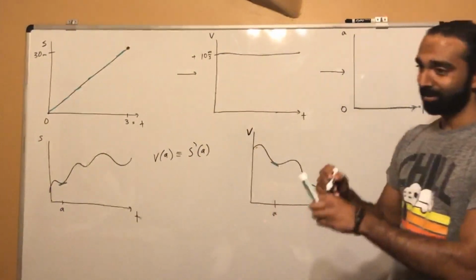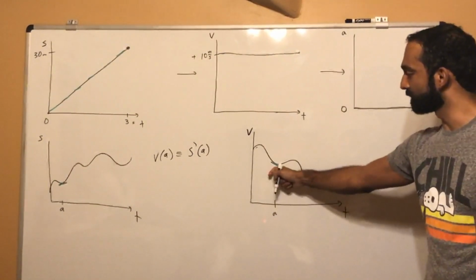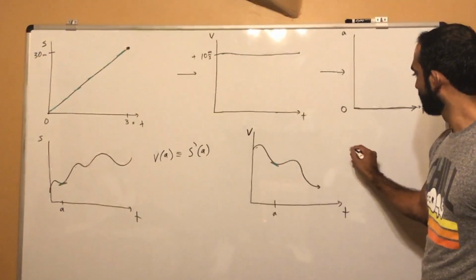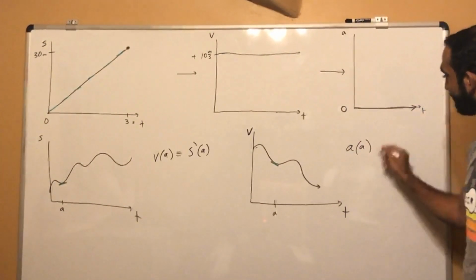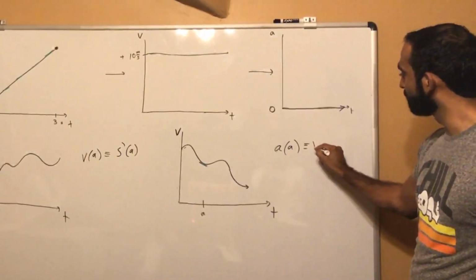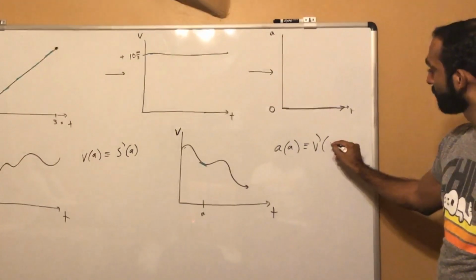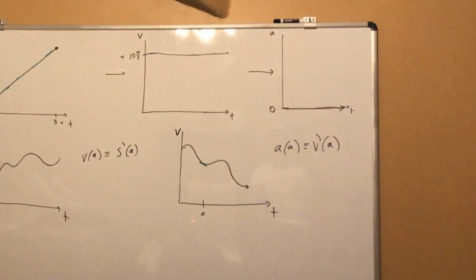So we got a curvy velocity graph. What is going to be the acceleration at this point? The derivative of the velocity graph. Yes. So the acceleration at timestamp A is just defined to be the derivative of velocity evaluated at A, like so. Makes sense.